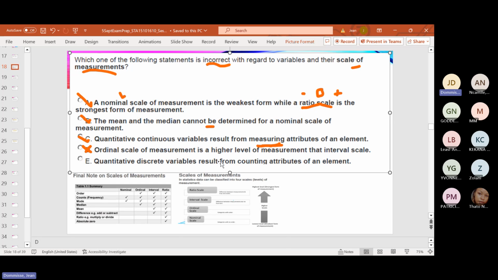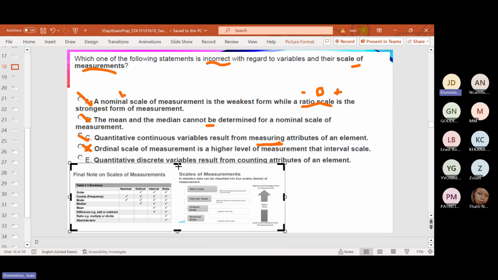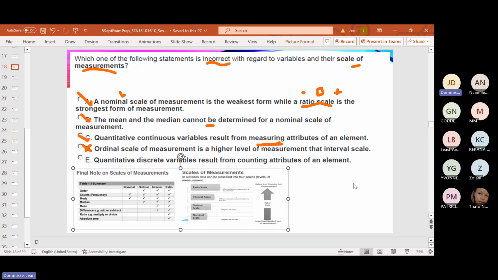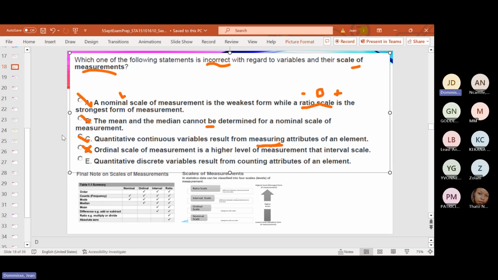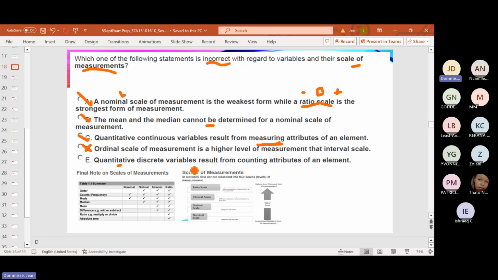So again, please remember, you are writing open book, so there are certain things that you can just use. You don't need to worry about it. Then the last one: quantitative, so again, quantity, discrete variables result from counting.